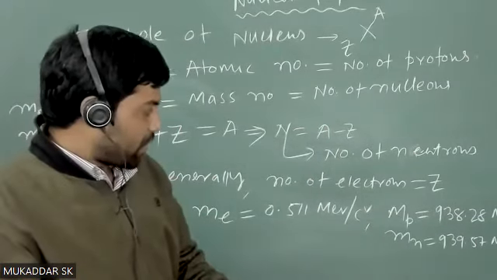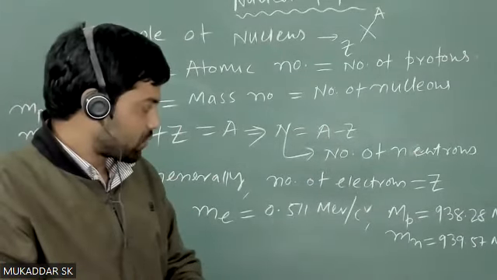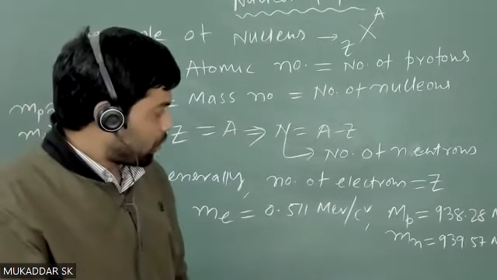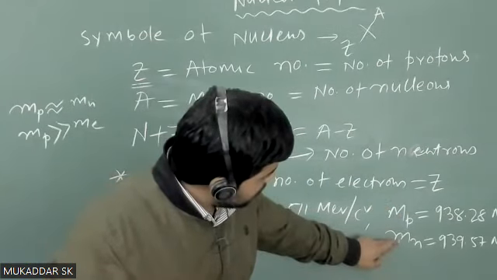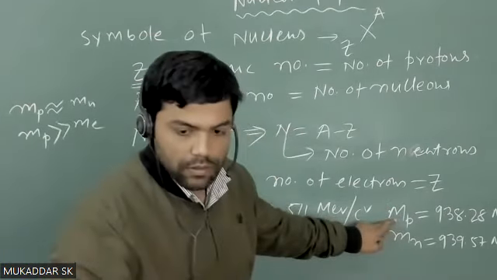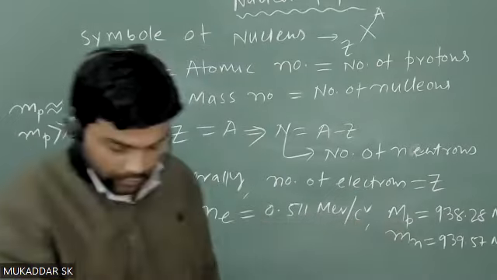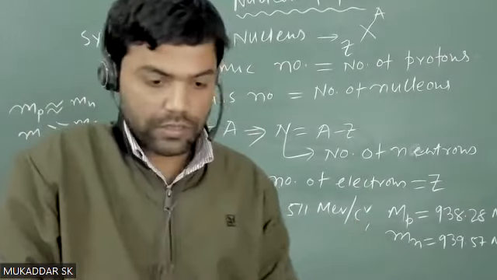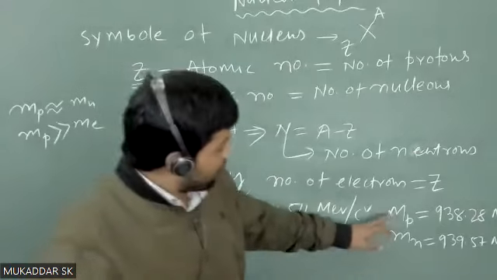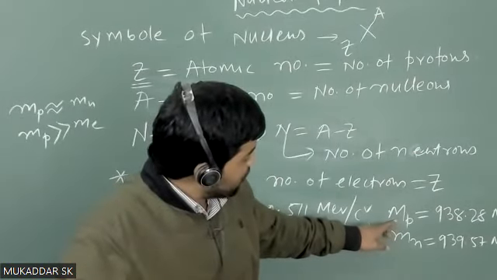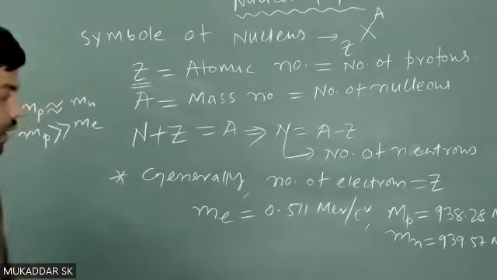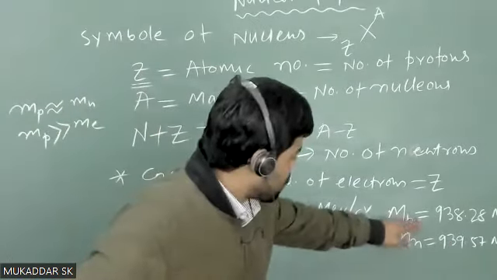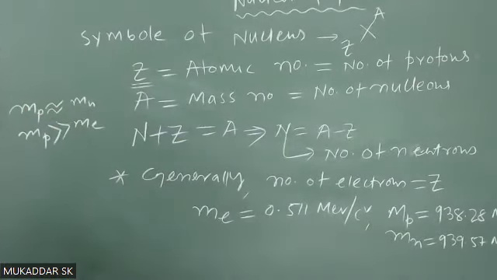This time TIFR asked a question, and most of the students made a mistake. They took the mass of a neutron to be the same as the mass of a proton, and they chose the wrong option. So keep in mind, the mass of a neutron is almost the same as the mass of a proton, but not exactly equal. The neutron is slightly heavier than the proton.